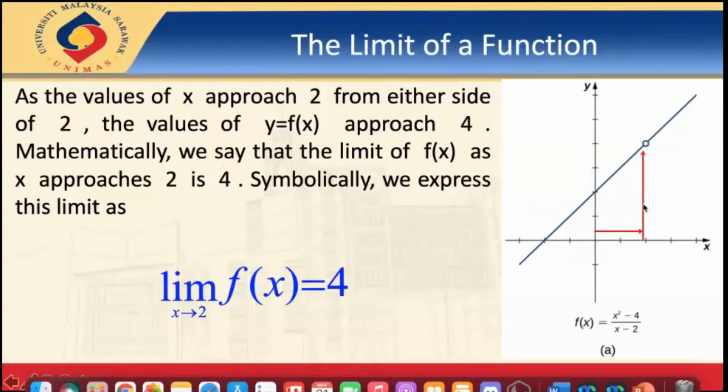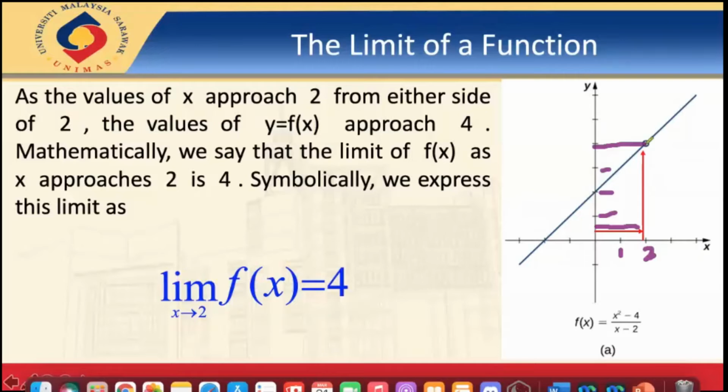If you look at the graph, you see this is 1, and this is 2, but the arrow, this one, is just near to 2 but not 2. So if it is near to 2, then you see the function value is almost here, and it is 1, 2, 3, almost near to 4.